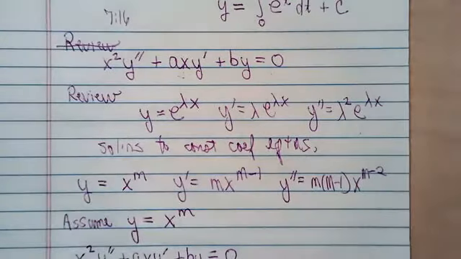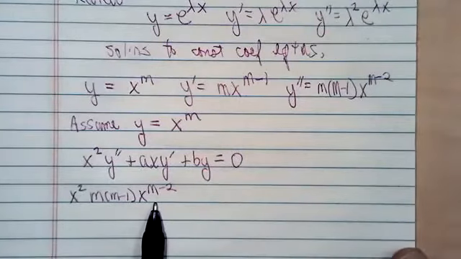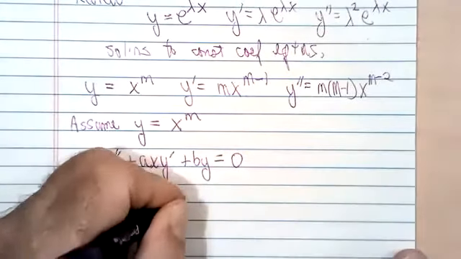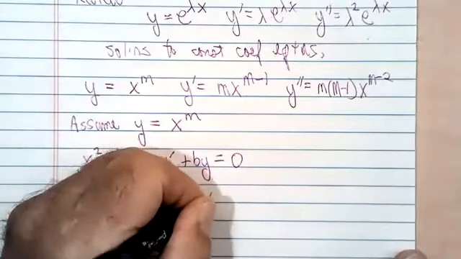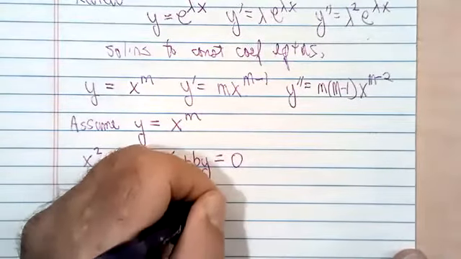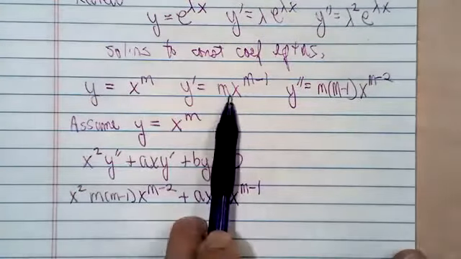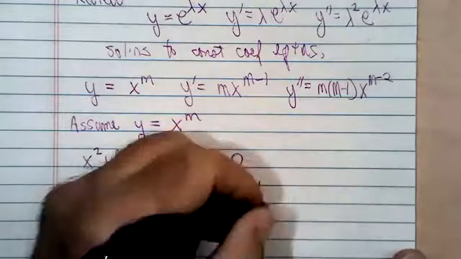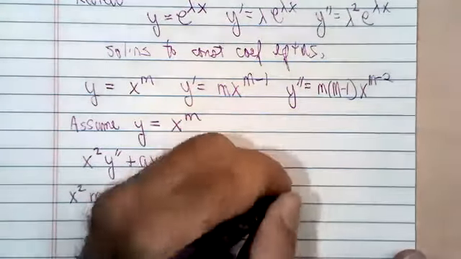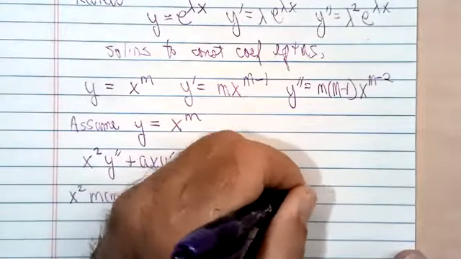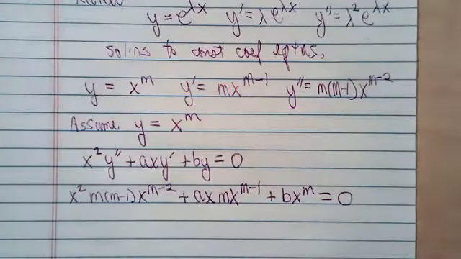And notice this times this is going to be x to the m, plus a x times m times x to the m minus 1. That's this guy right here. Plus b times y, which is x to the m. And we want this to add up to be 0. If we're going to have a solution, that's what we've got to have.